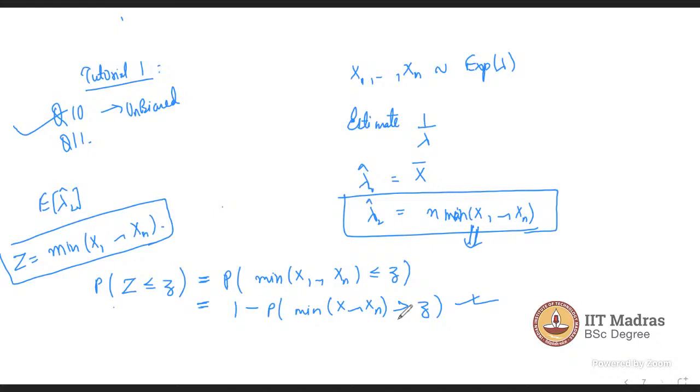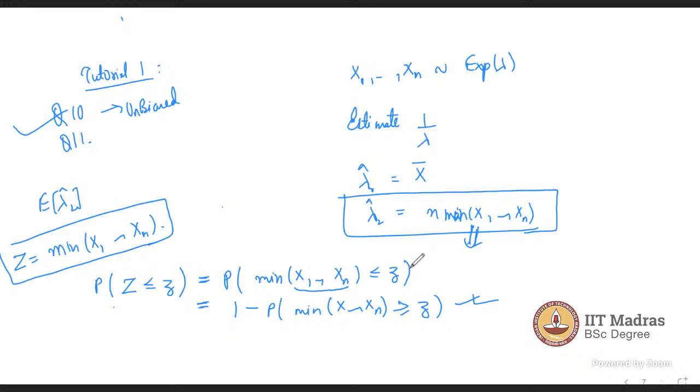Can you recall from week 2? If we have random variables x1 to xn and their minimum is less than or equal to z, can I say that all of them are less than or equal to z? No, right?